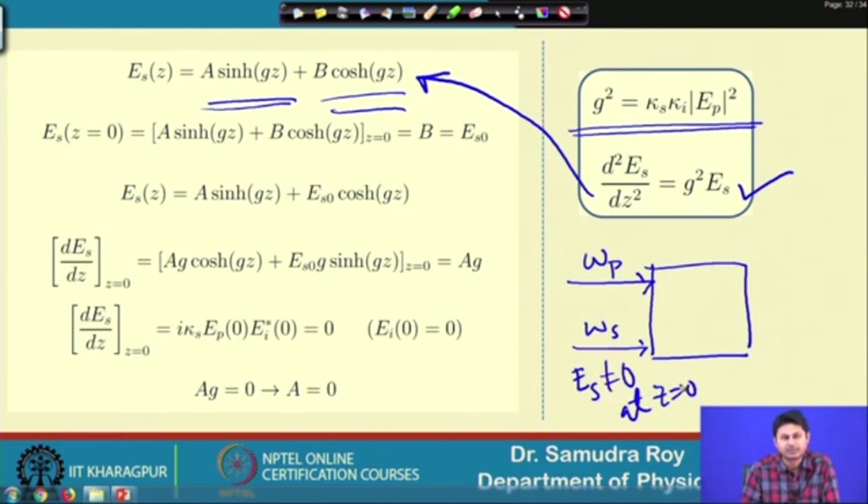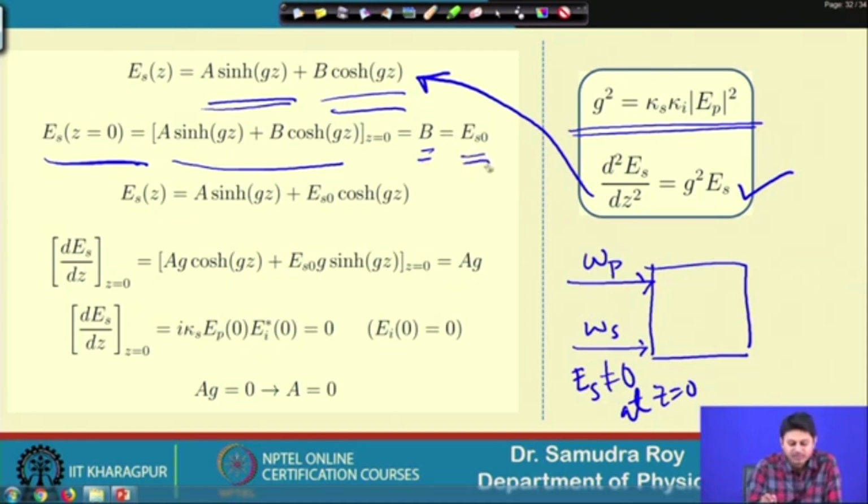So, we should have some kind of signal field at z equal to 0. So, Es at z equal to 0, basically the signal at z equal to 0, I can put this value as B. So, B has to be equal to some input value, and we define this input value as Es0. This is the input.